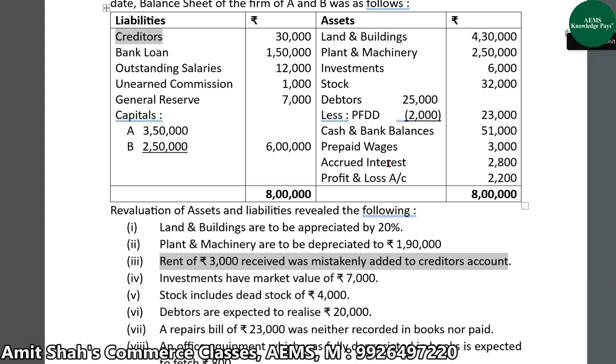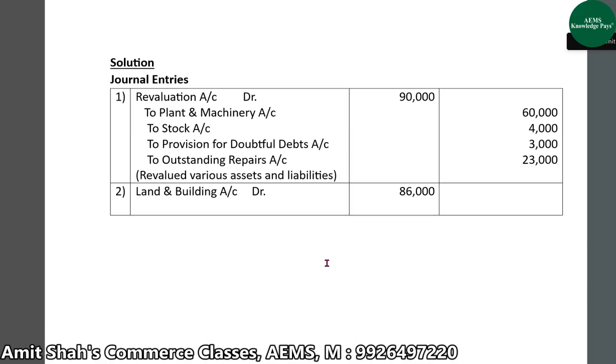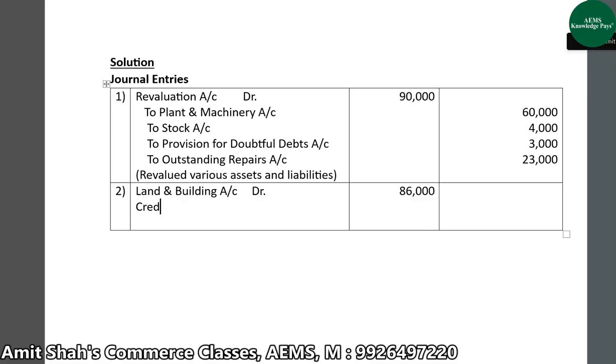That is why creditors are 30,000. Otherwise, the actual creditors are only 27,000. So to decrease any liability, we debit it. And that is what we will do here. We will debit creditors account with rupees 3,000.